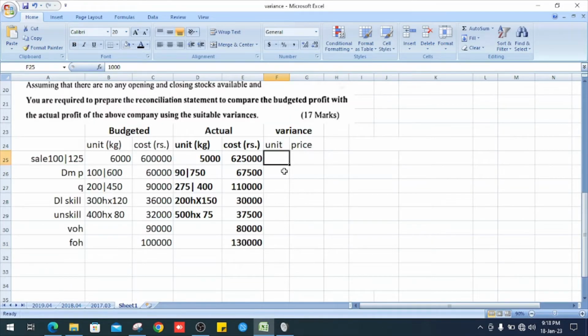First variance is the difference between budgeted unit and actual unit. We budgeted 6,000 units, but we actually produced 5,000, so the difference is 1,000. We enter it into the statement.